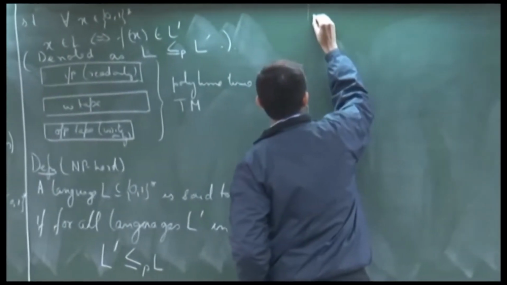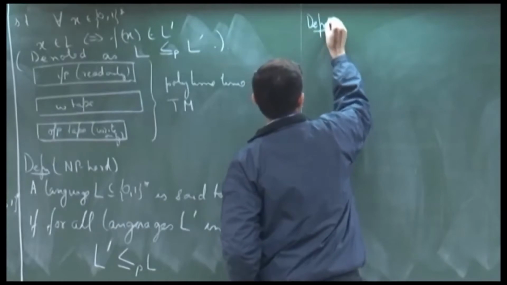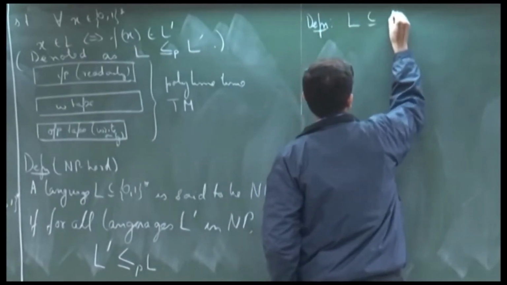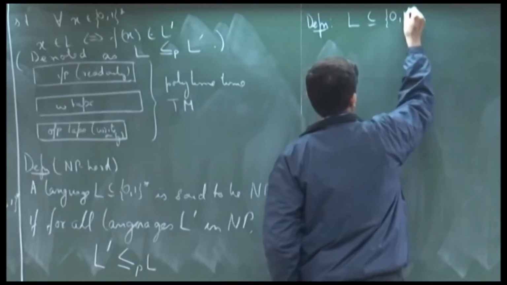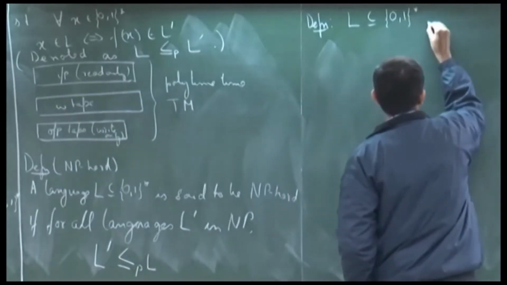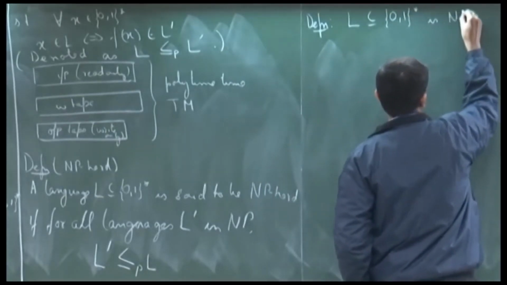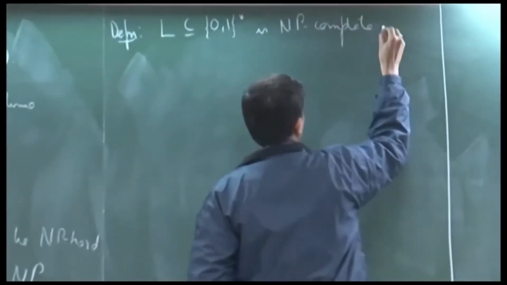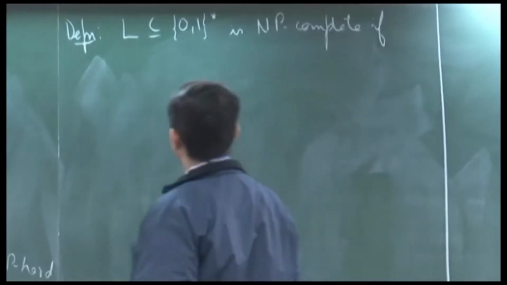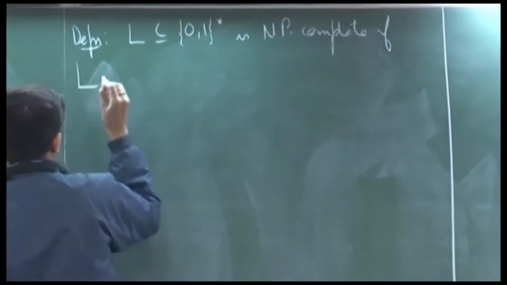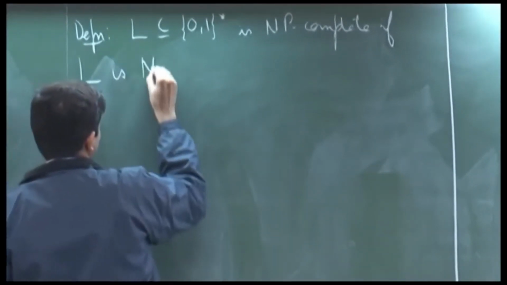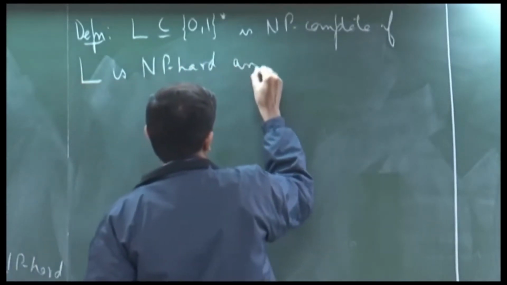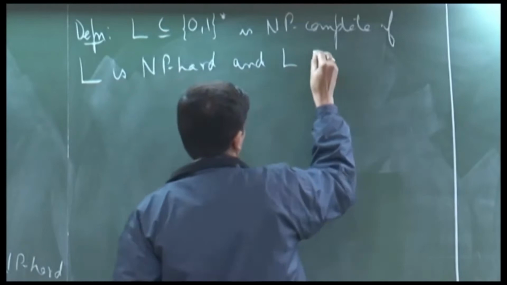And we say that L is NP complete if L is NP hard and L belongs to NP.